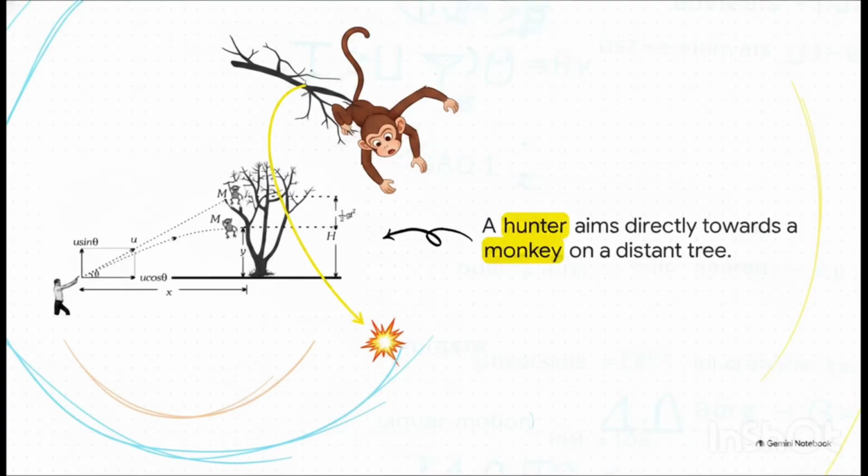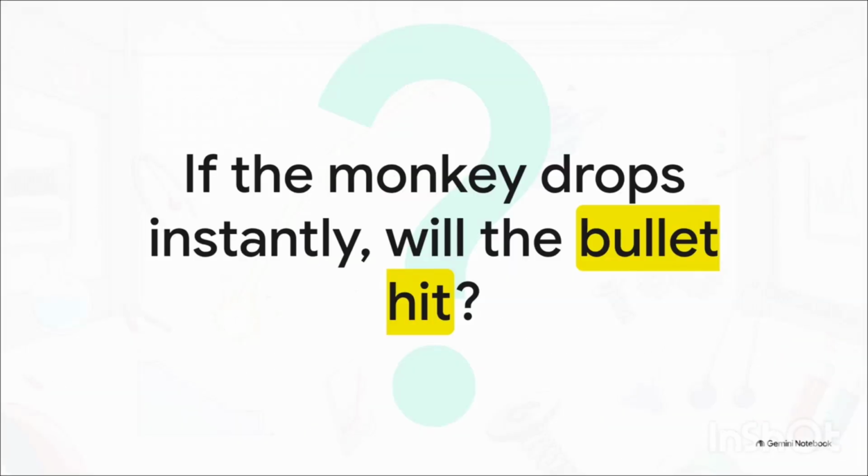Now here is a classic physics scenario that pops up all the time. Imagine a hunter aiming his barrel on a perfectly straight line right at a monkey hanging in a distant tree. But as we know, the bullet is a projectile, right? So it's not going to fly perfectly straight. Gravity's going to bend its path downward the second it leaves the barrel. So here is the ultimate exam trap. If that monkey lets go and drops the exact instant the gun is fired, will the bullet still hit it?